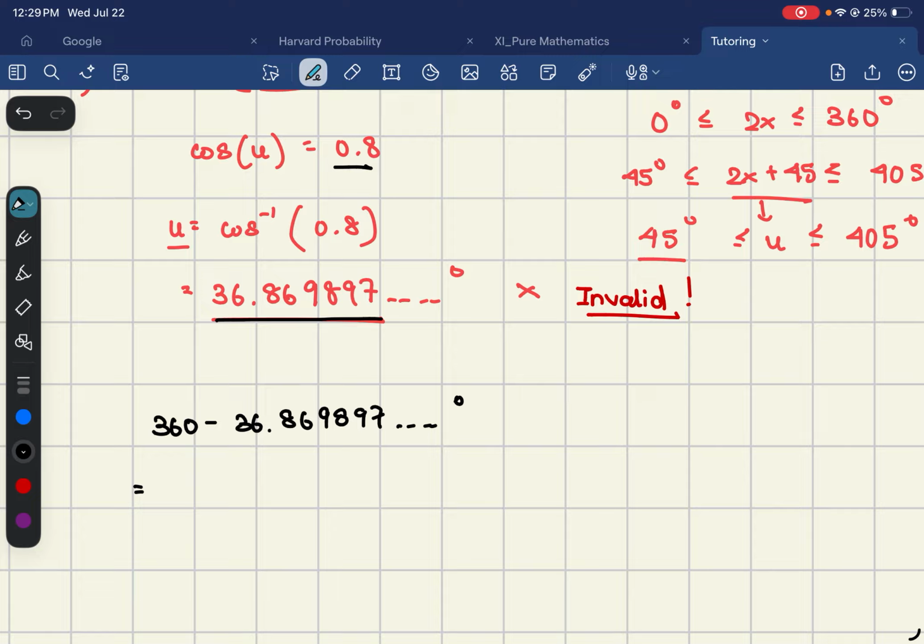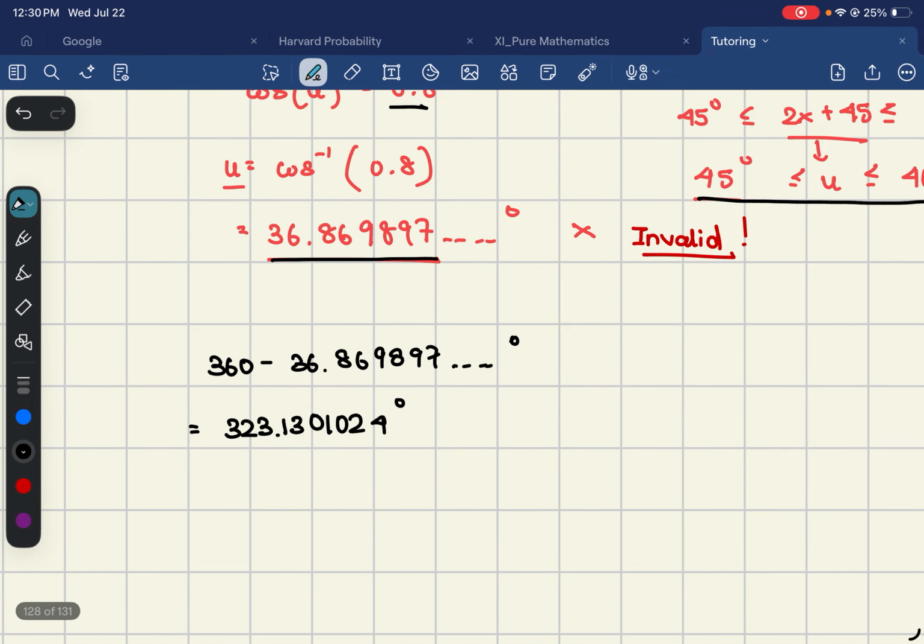All right, so if you do 360 minus that angle, you get 323.1 degrees. Sorry, let me write the whole expression: 323.1301024 degrees. All right, and does this satisfy the inequality? Yes, it does. So this is one value for u.